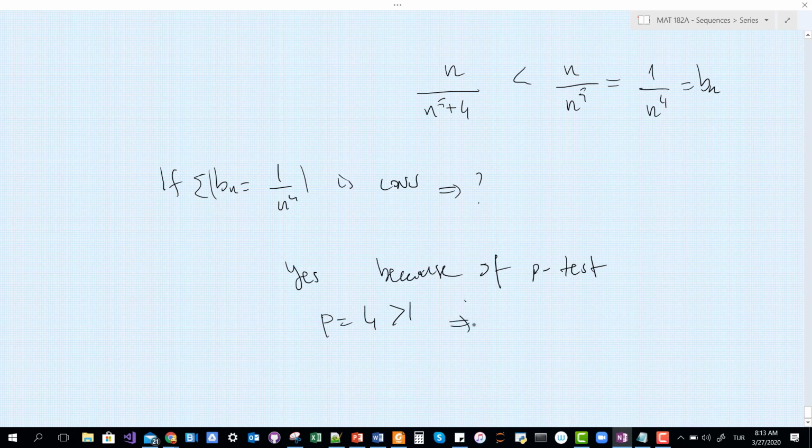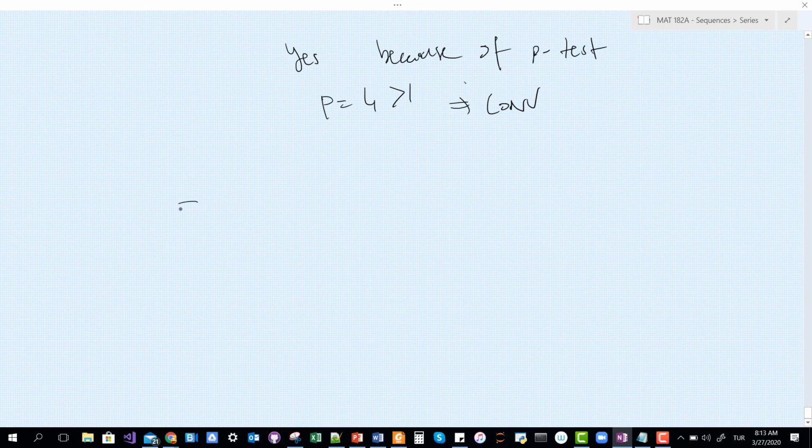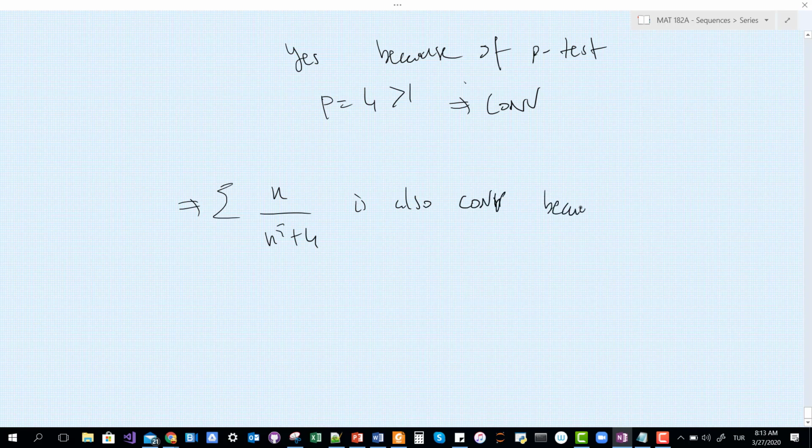That is why it is convergent. And I know my Bn is bigger than An. That is why my An is also convergent because of the comparison theorem.